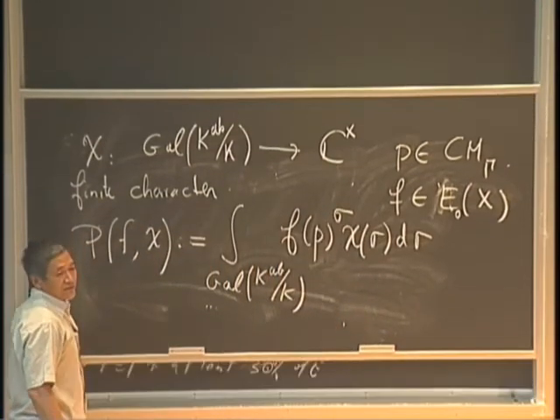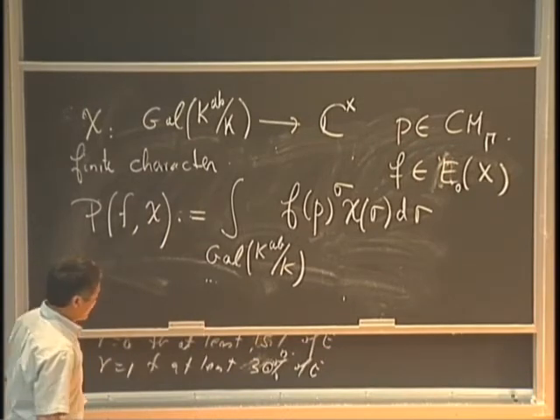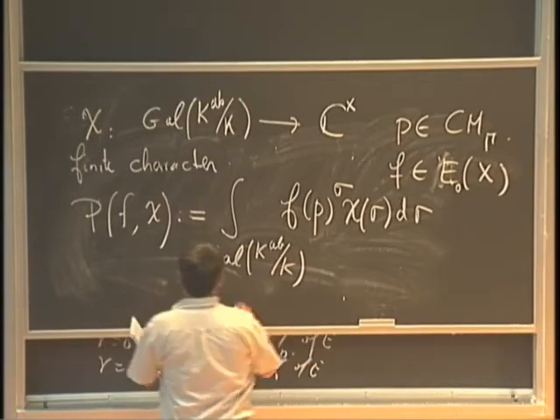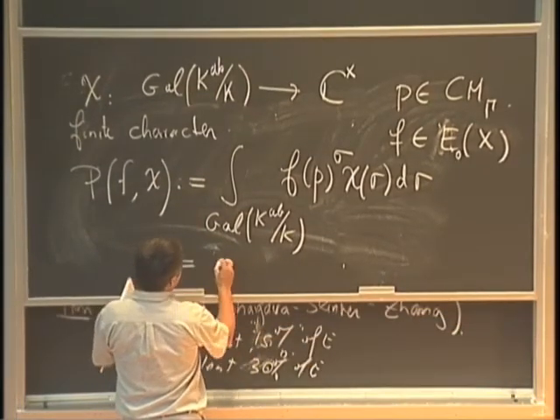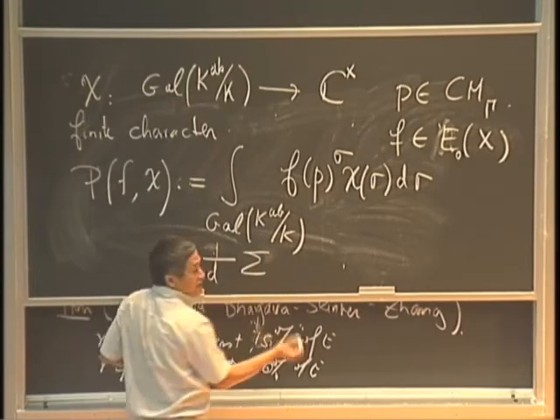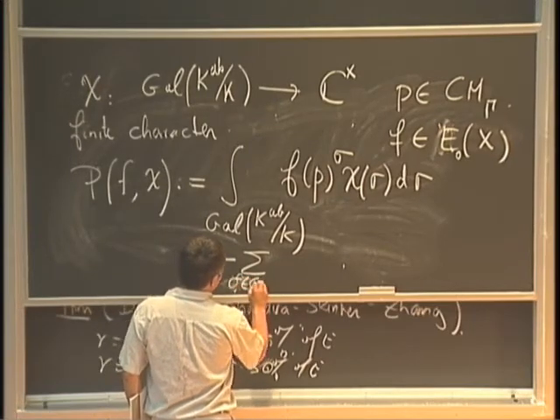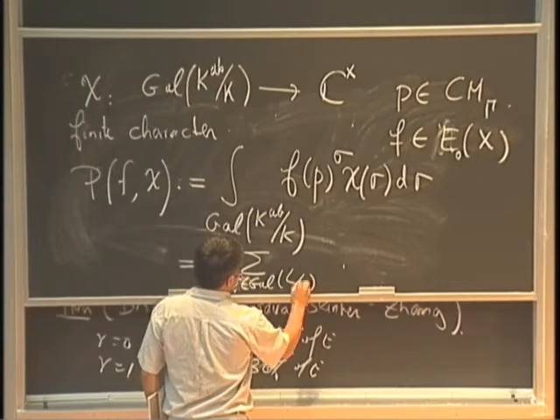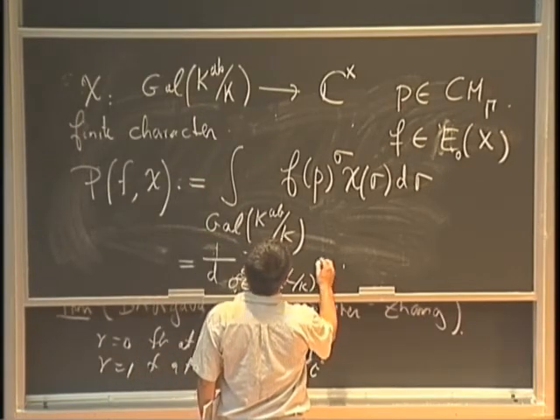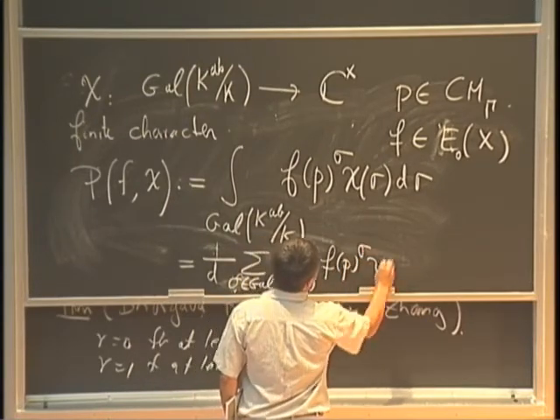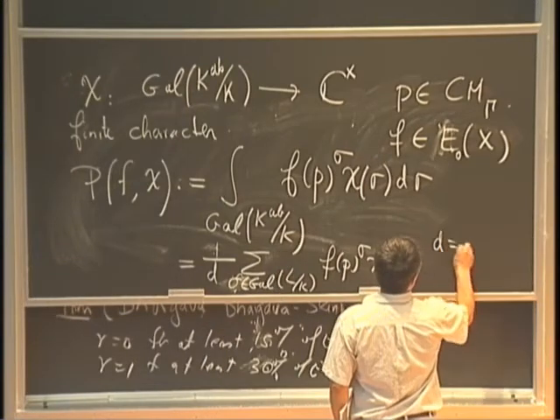I just write it in a very fancy way so that I can do maybe slightly better. This is really a finite sum, by 1 over D, whatever. Some finite sum, if I write it, over sigma inside Galois of L over K, F of P of sigma, chi of sigma.